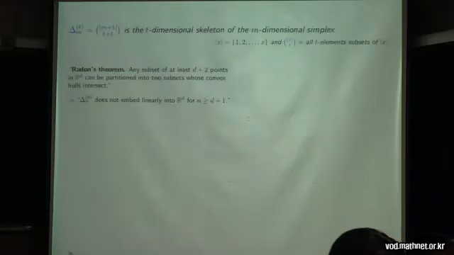One example is Radon's theorem. Maybe some of you know it. It tells you that if you take 4 points in the plane, you always have a way to partition them into two parts so that the convex hulls intersect. Your 4 points could be like this, and then your partition will be this, or they could be like that, and then you have a partition that is this, and a part that is that.